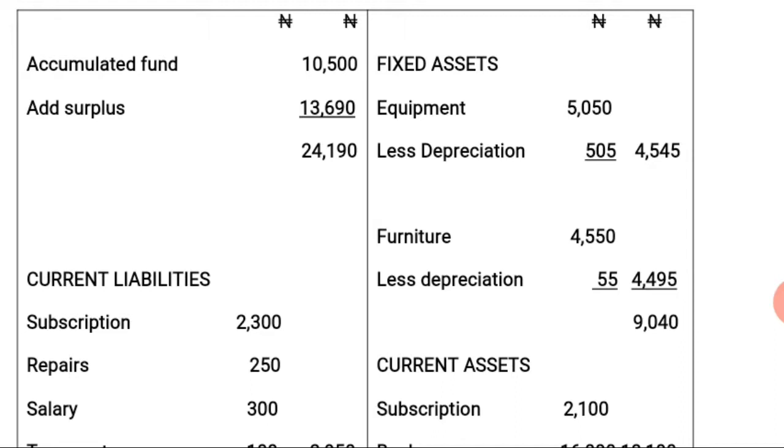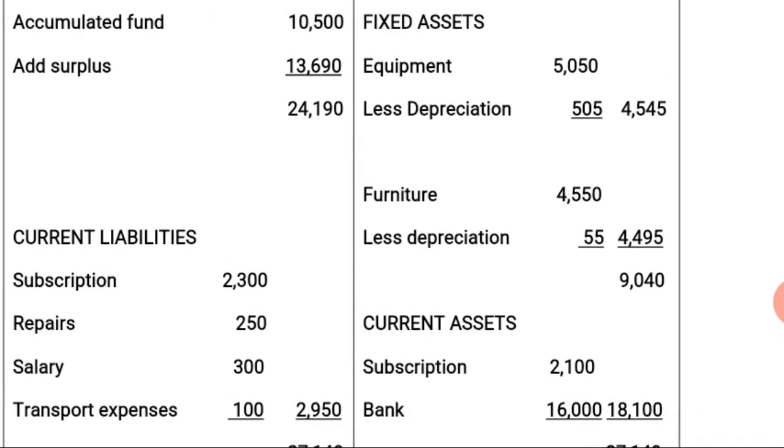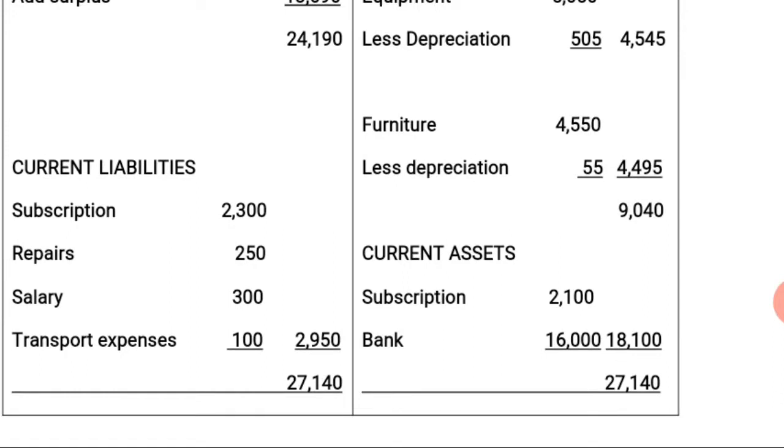Then from that, you have to less the depreciation for the year as stated in additional information number 2, which stood at 505 naira. So deducting 505 naira from 5,050 naira, you have the net book value of the equipment, which stood at 4,545 naira.